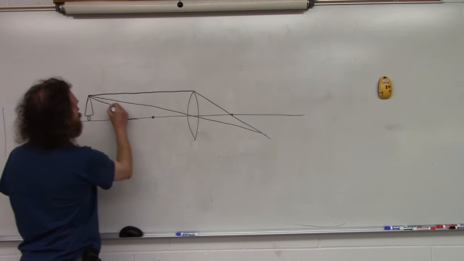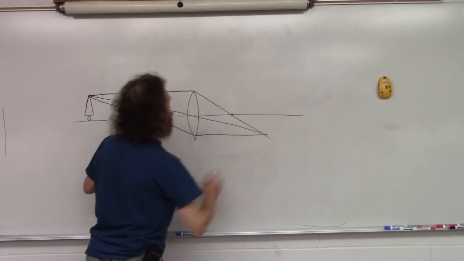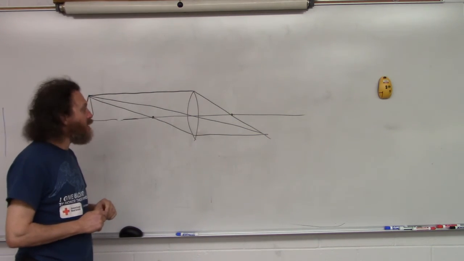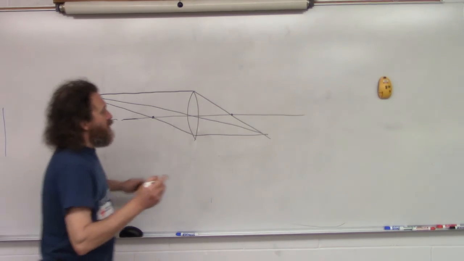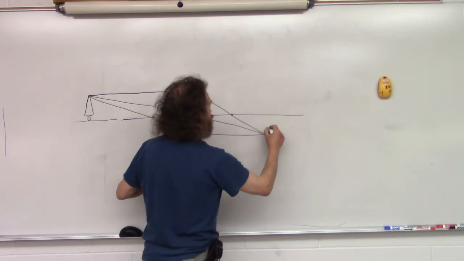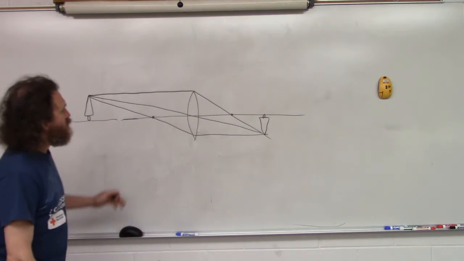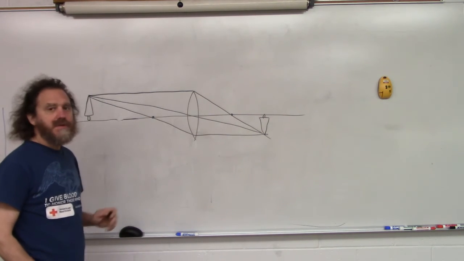And then this one goes through the near focal point and then over there. You see the three of them converge like that. I managed to make them converge on this drawing. So this is where the top of the tree will be imaged, and the image will be like that over there. So that tells you the distance from the lens where that image will form.